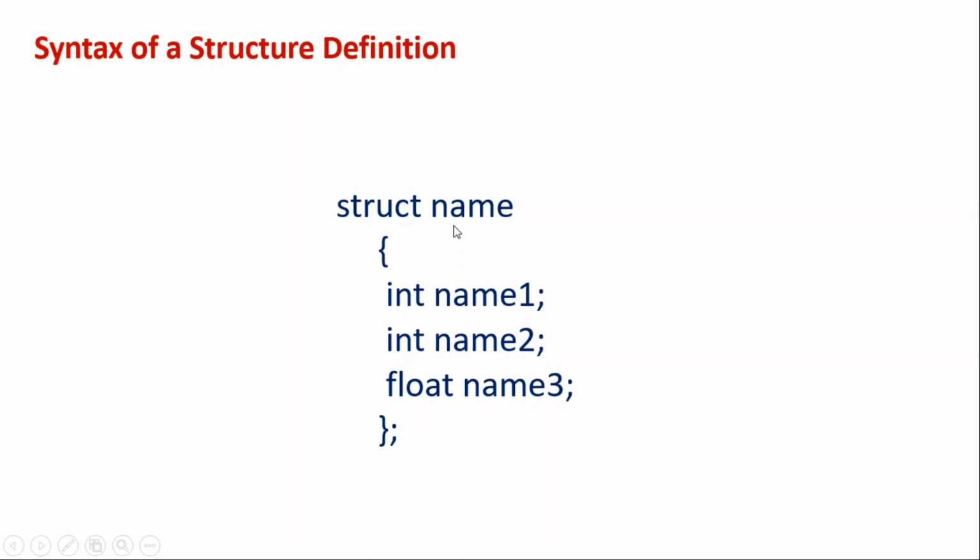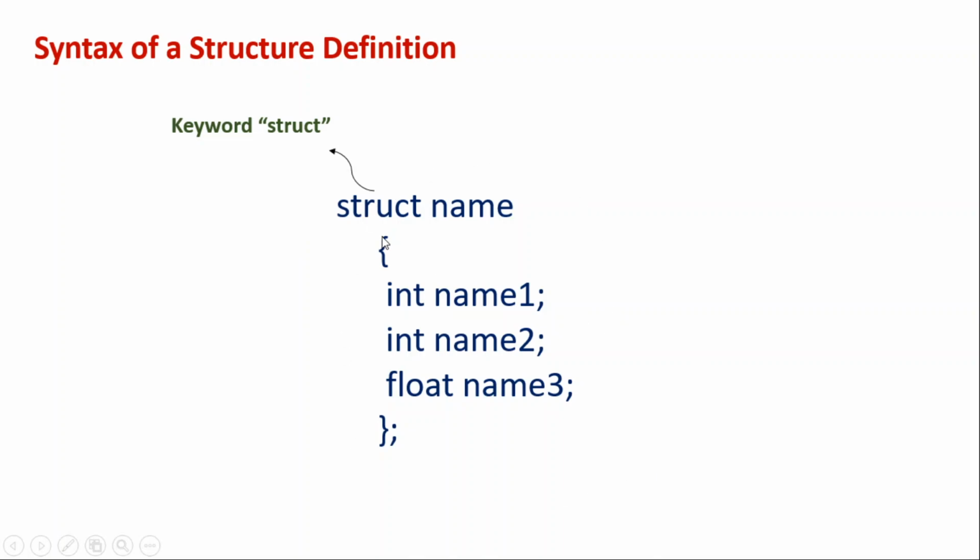Now we'll see each one in detail. The first word which we used, struct, is actually the keyword used for defining a structure. The whole thing together is actually the structure definition of a structure.